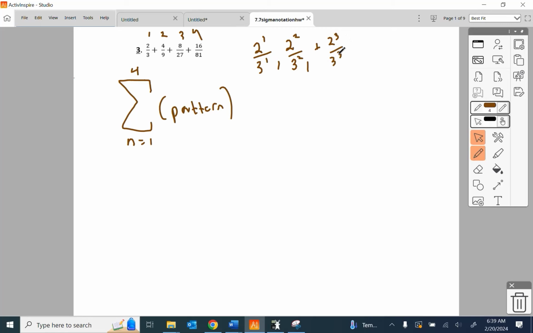So my pattern is 2 to the n over 3 to the n. Because think what this creates: 2 to the first over 3 to the first, you increment, 2 squared over 3 squared. And there's the pattern for that one.